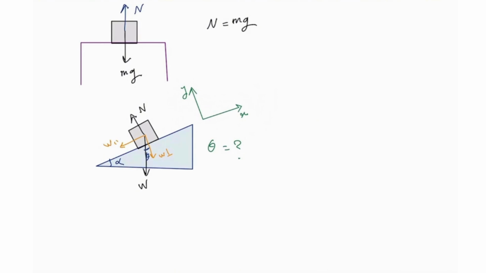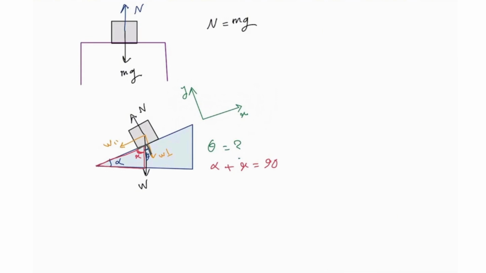Okay, so to find theta, let's take a look at this red triangle. This is a right triangle, which means alpha plus this angle would be 90 degrees. Let's call this x. So alpha plus x is 90. And also, if you look at this angle, this is also 90 degrees, right?